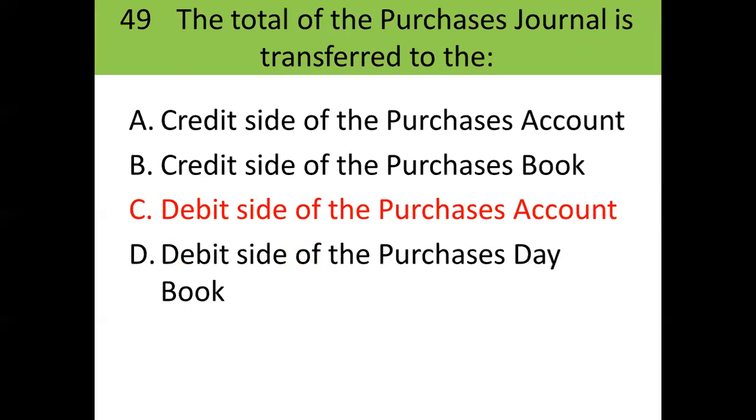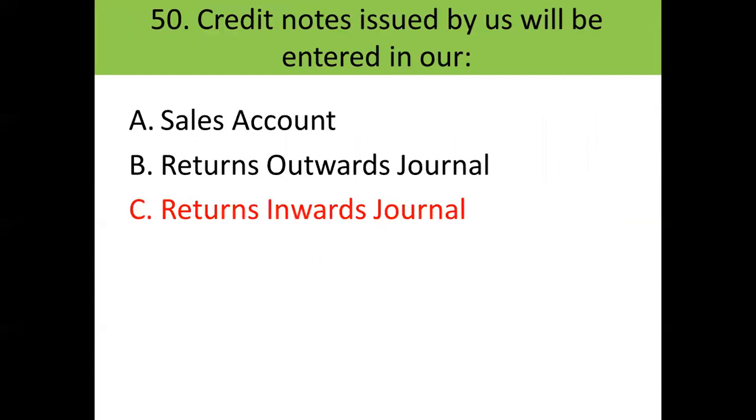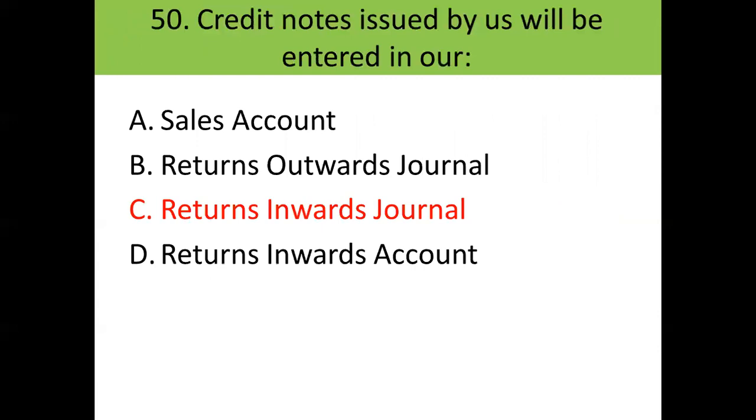When we take all the purchase journal entries we made during the period, the total will be transferred to the debit side of the purchase account. A credit note issued by us will be entered in our return inward journal, because the credit note is linked to return inward.